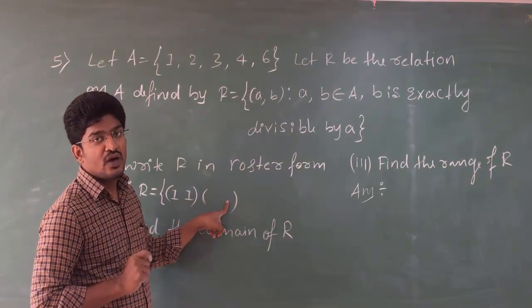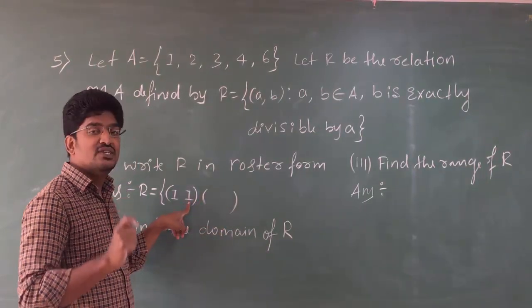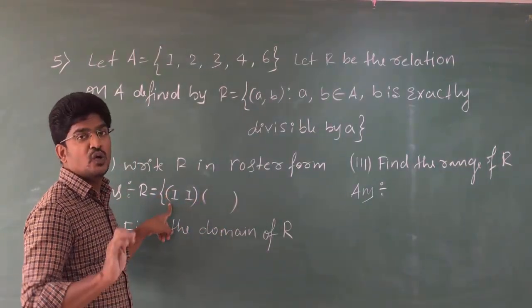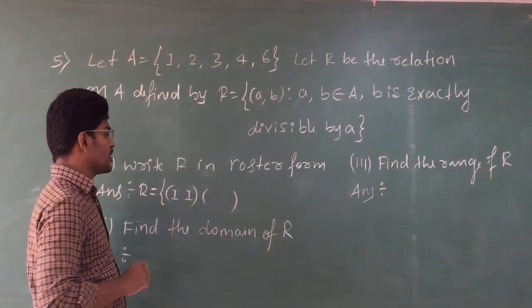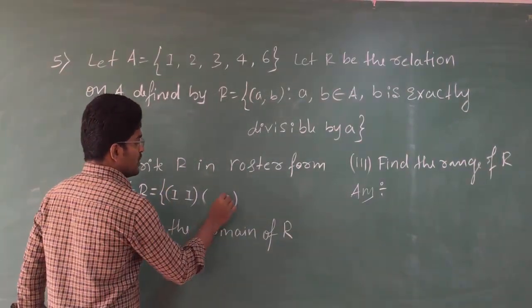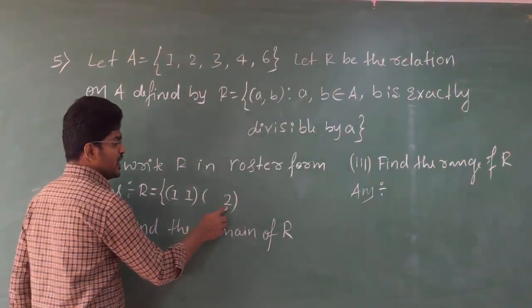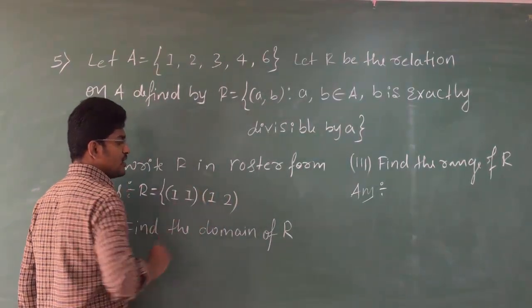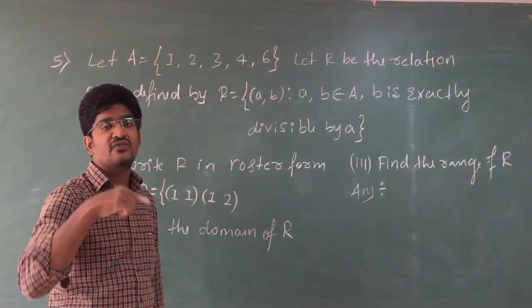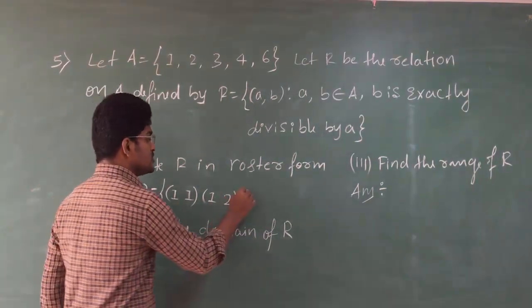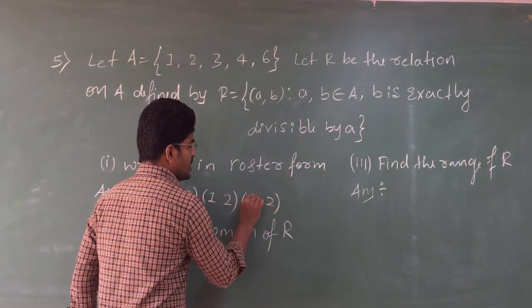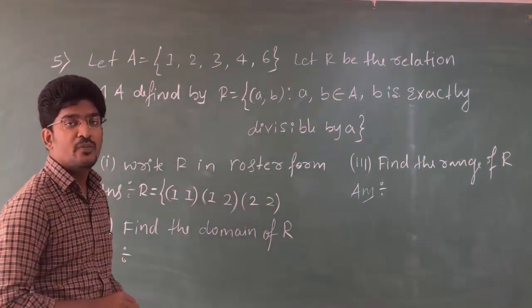I can't take. Why? Because 1 is divisible by 1 itself, no other number. Clear? Okay. So now I can take 2. Clear? Why? See here, 2 is divisible by 1. That means 2 can be divided by 1. Also 2 can be divided by 2, no problem.